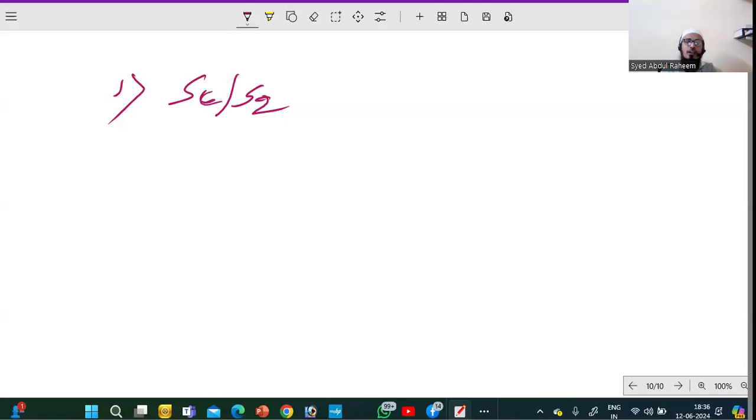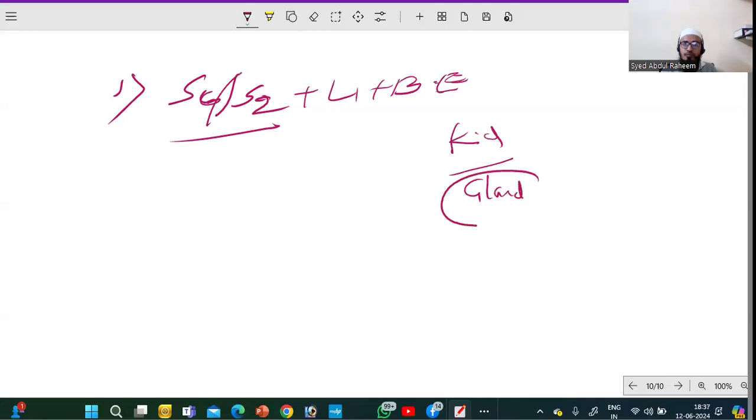So initially you can do X2, S6 or L1 and BE. Here S2 and S6, because the kidney is not only an organ, it is also a gland. It secretes renin, erythropoietin, etc. For that reason it also works as a gland.